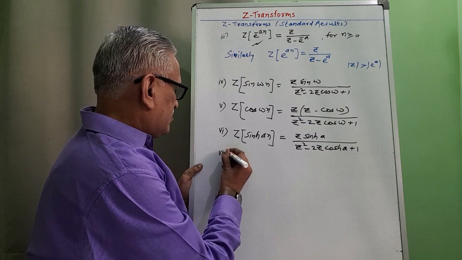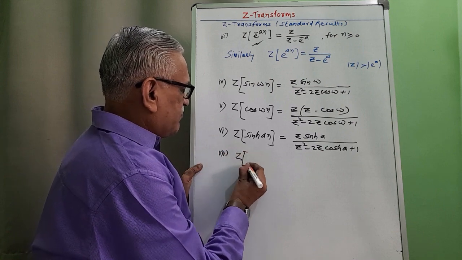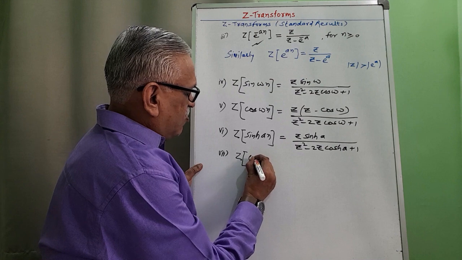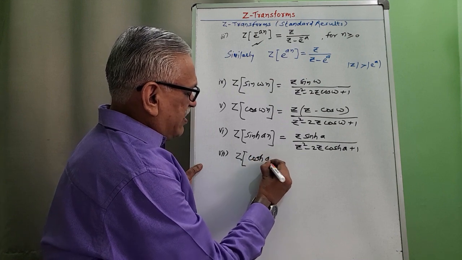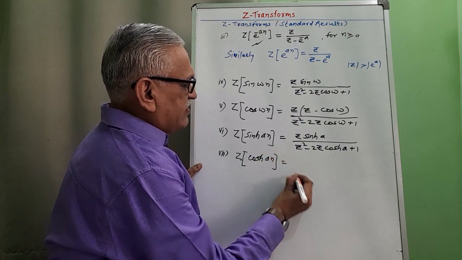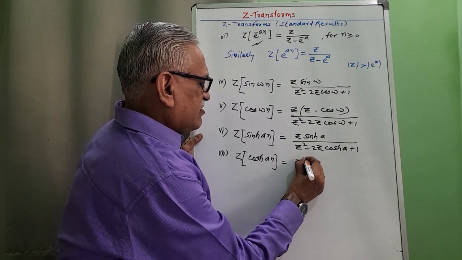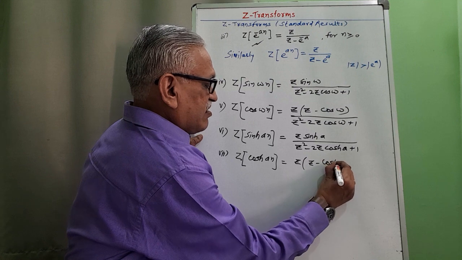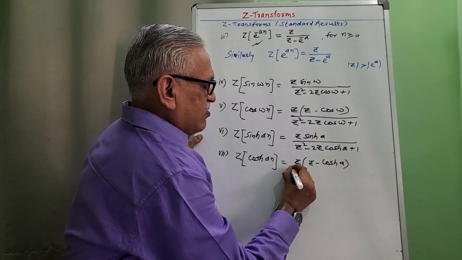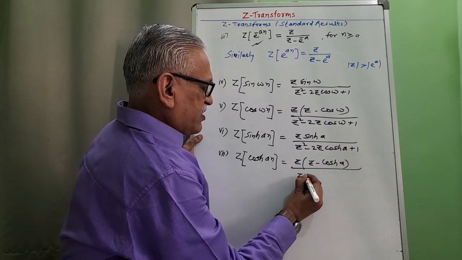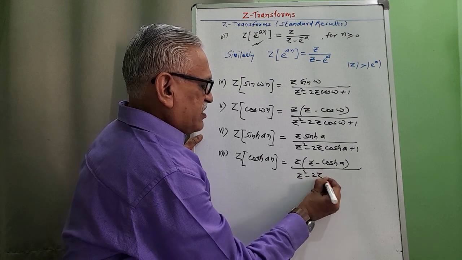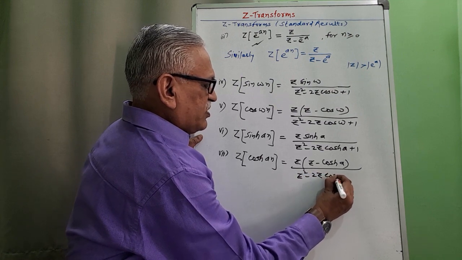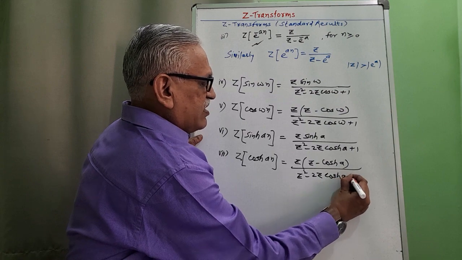Seventh: Z transform of cos hyperbolic an is z into z minus cosh a, whole divided by z square minus 2z cosh a plus 1.